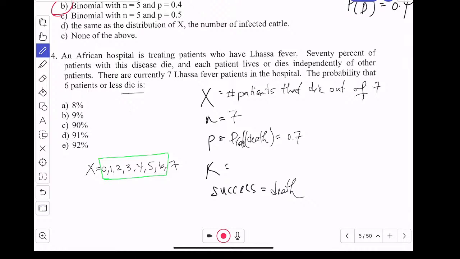So a better, more efficient way to do this is calculating the probability that 7 die and subtracting that from 1. Much more efficient.